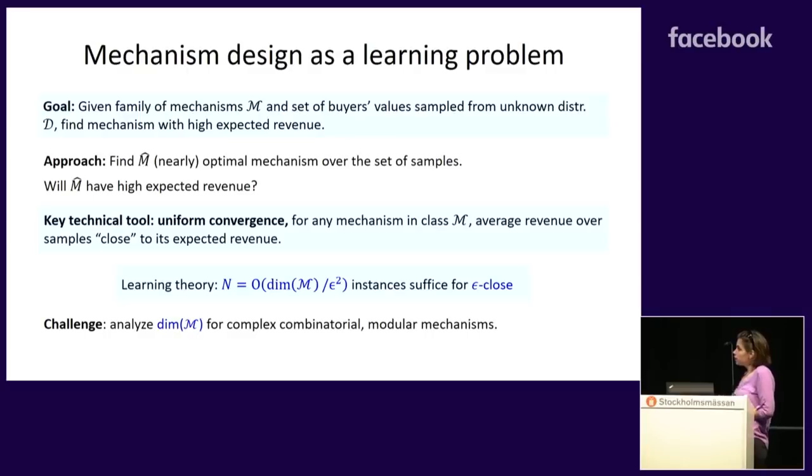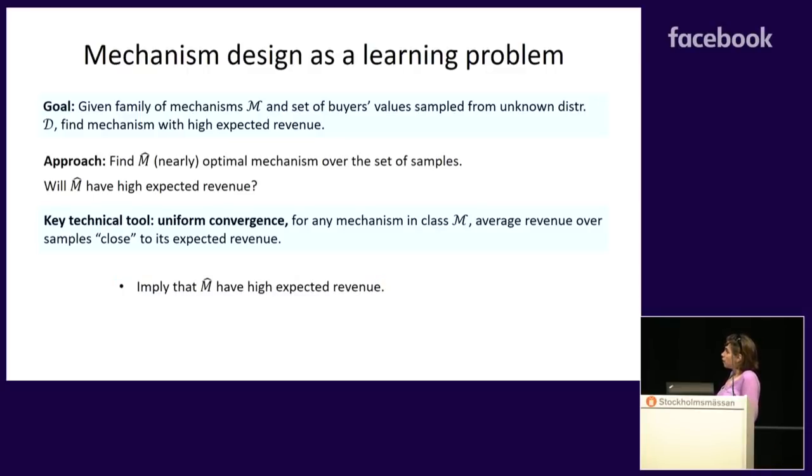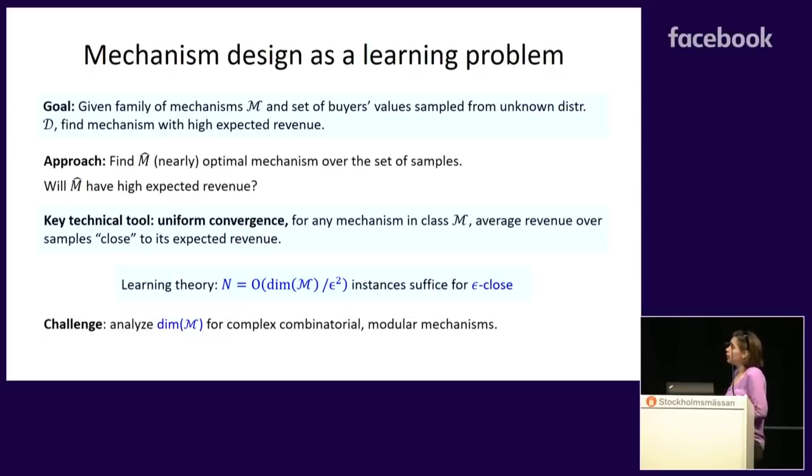And so that's, to some extent, a learning theory question here. How many training samples do we need to see in order to get uniform convergence? We know from learning theory, and again, I'm just going to give the high level and keep it simple here, that the number of samples we need to see in order to get uniform convergence depends somehow on how intrinsically complex the class of mechanisms that we are looking at is.